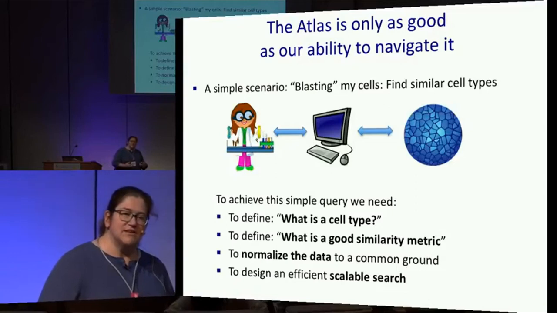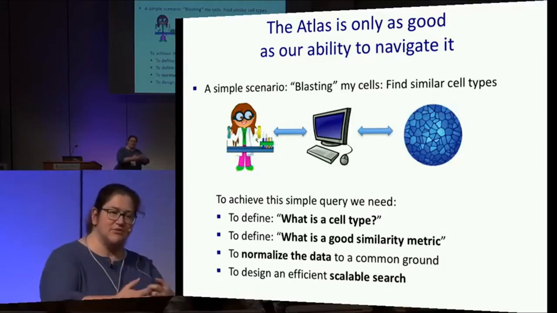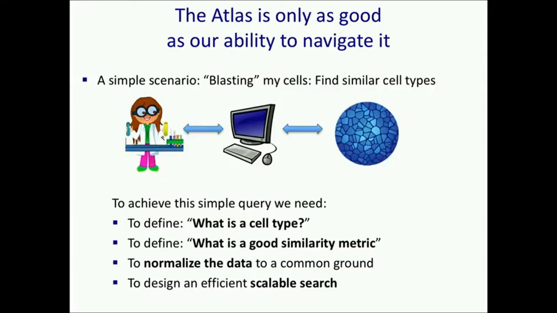What does it mean that my data is similar to something in the Atlas? We have to define a biologically meaningful similarity metric. We have to normalize the data. If the data is not properly normalized inside the Atlas, we're not going to be able to make meaningful similarities. And finally, with billions of cells, we actually need to develop this search in a scalable manner, so the PhD student will be able to graduate before the search is done.